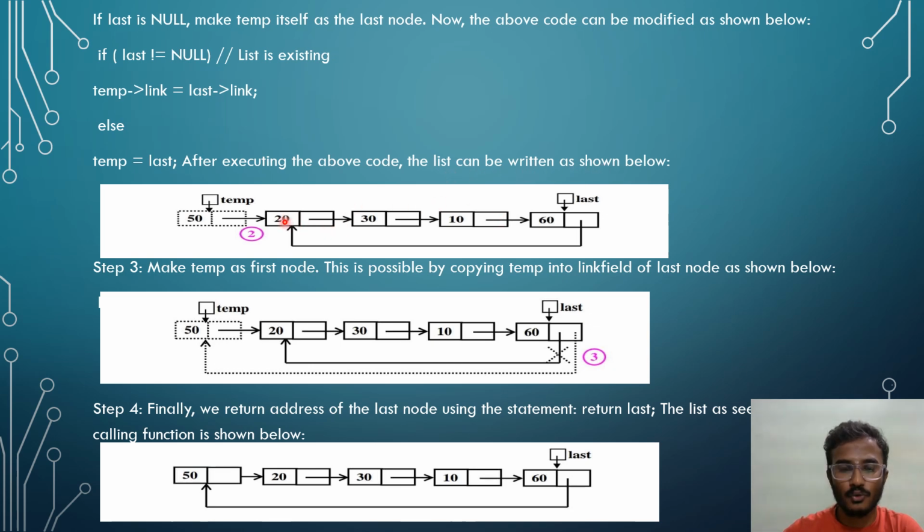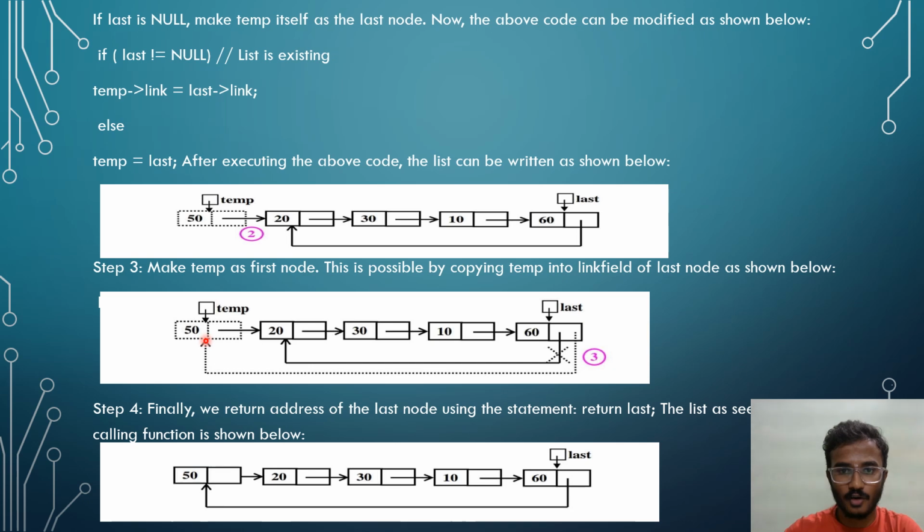In step 2, we copied the address of the first node to the link field of the temp node. In the third step, we have to make temp the first node. This is possible by copying temp into the link field of the last node as shown below. Here we have to make this temp the first node.